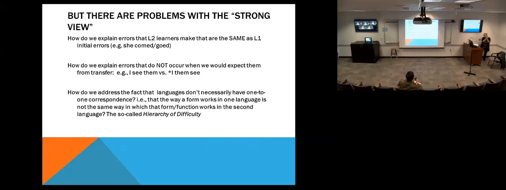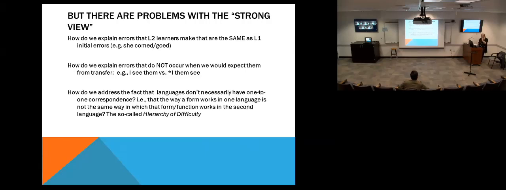Now, happily, yes, between French and English it can. But between many languages and English, this is not true, right? There are many structures that appear in English that do not appear in other languages and vice versa, okay?